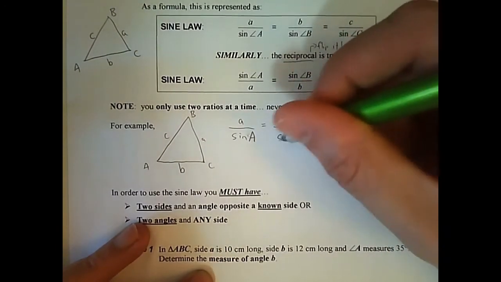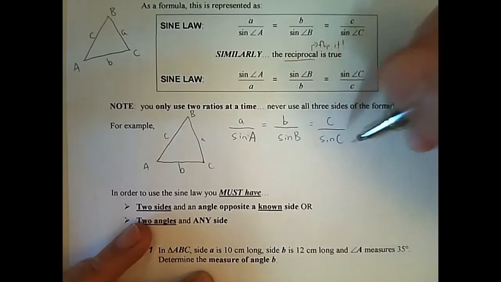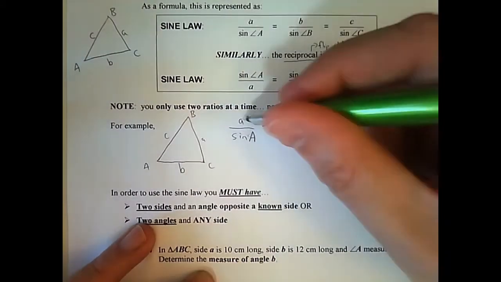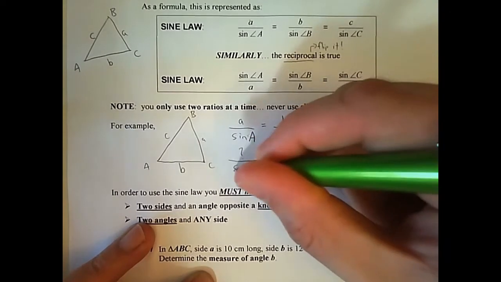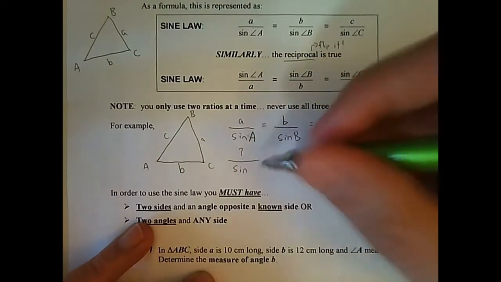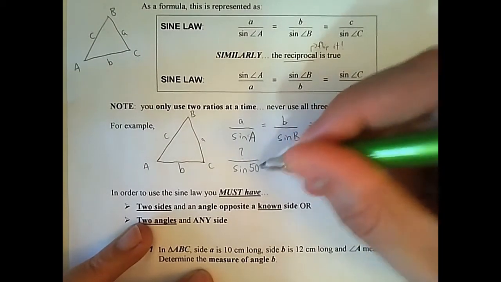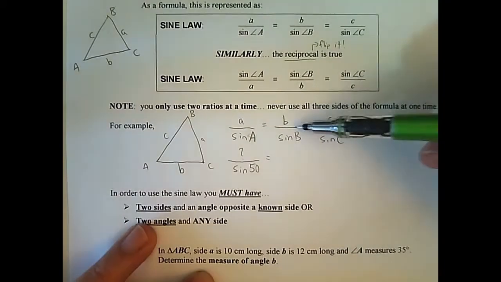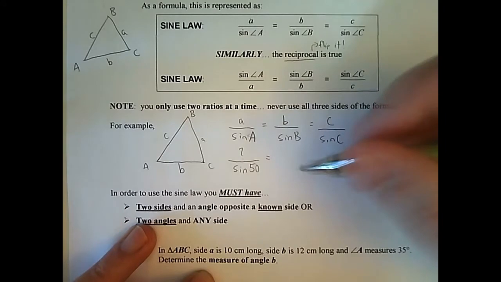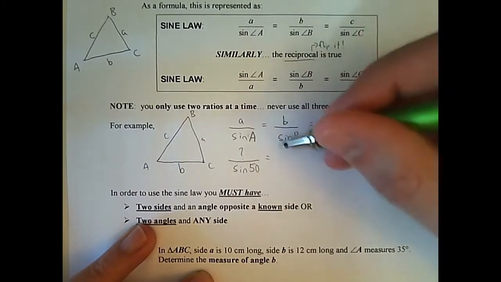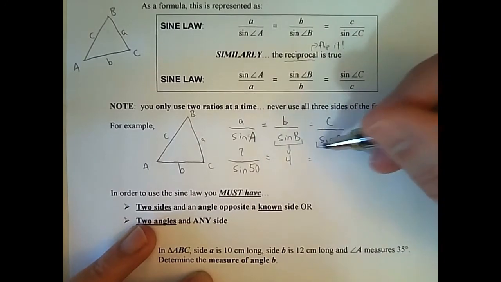So if I'm doing this, and let's say I have to figure out what a is going to be. So let's say we don't know what a is. And I know sine A is a value, like we know the angle. Let's say it's, I don't know, 50 degrees. If I knew the ratio of this and the ratio of this, and let's say this just happens to equal 4, well, that means that this would also equal 4.